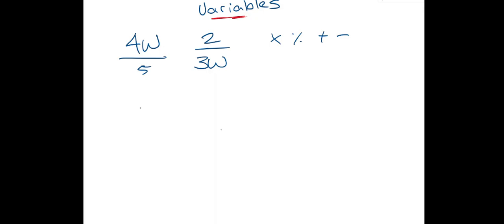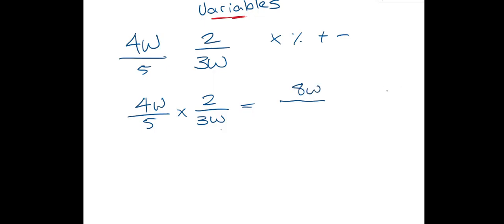Okay, first off, let's multiply 4w over 5 times 2 over 3w. Well, if you remember your fractions from the fractions videos, it's just top times top over bottom times bottom. So we put the line there. 4w times 2 is 8w. 5 times 3w is 15w.